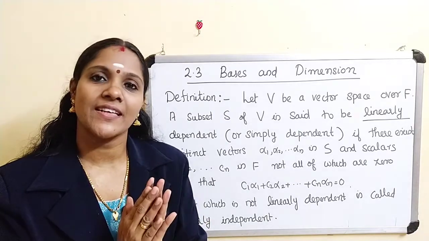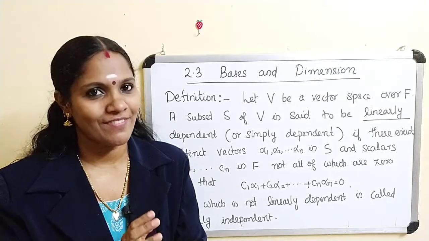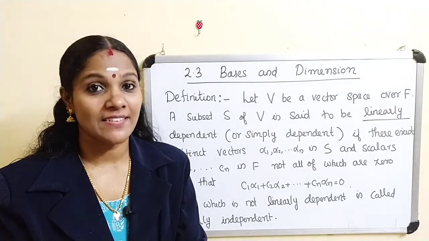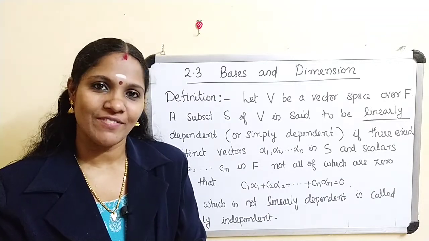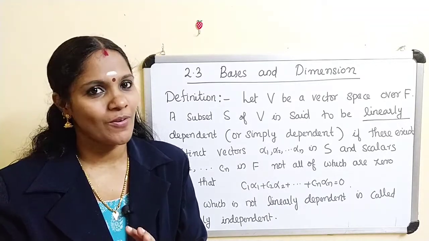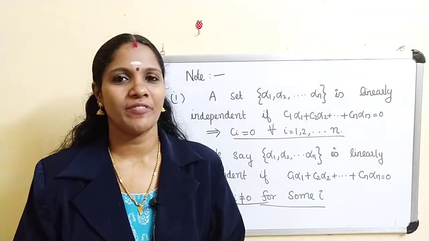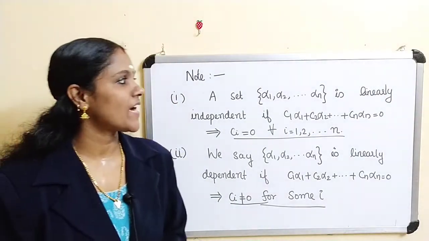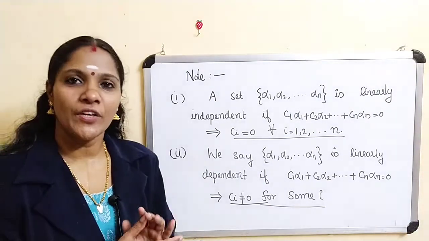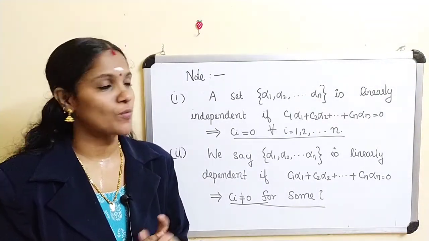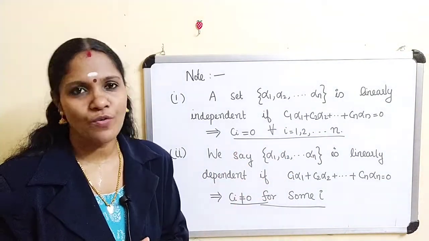Suppose our set S consists of only a finite number of elements alpha 1, alpha 2, etc. alpha n. Then instead of saying S is linearly dependent or independent, we say alpha 1, alpha 2, etc. alpha n is linearly dependent or linearly independent. From the definition, we get a set alpha 1, alpha 2, etc. alpha n is linearly independent if C1 alpha 1 plus C2 alpha 2 plus etc. plus Cn alpha n equal to 0 implies Ci equal to 0 for every i.